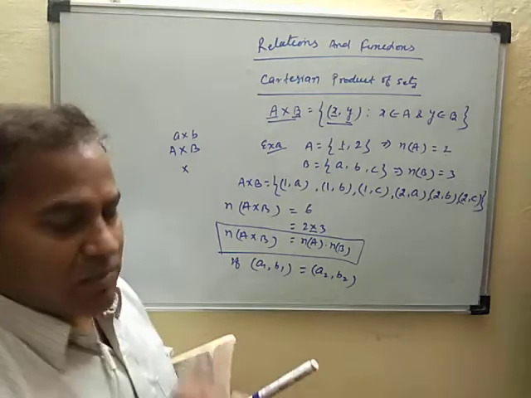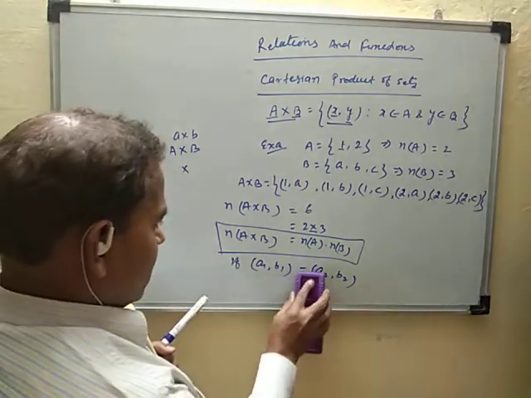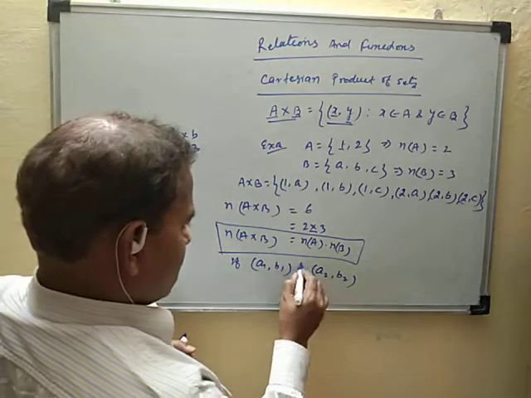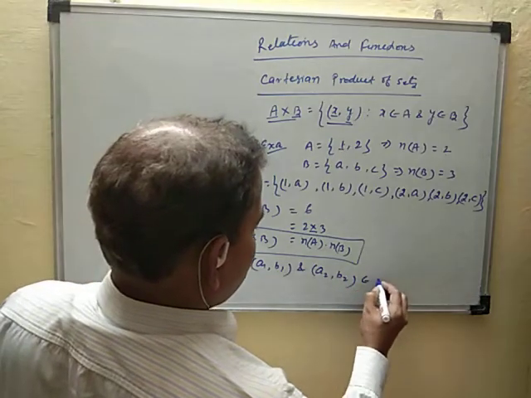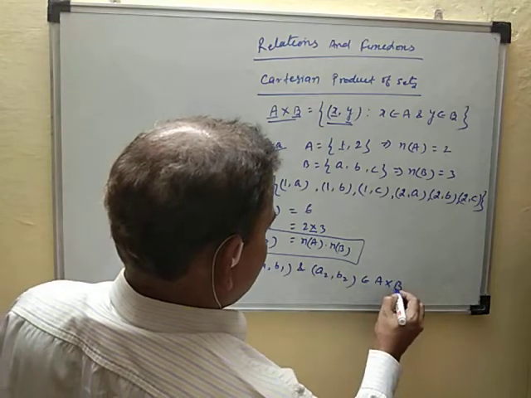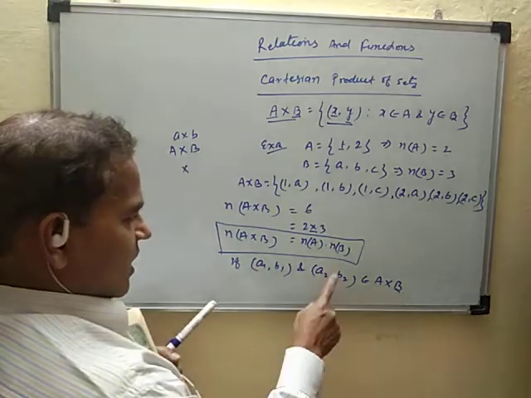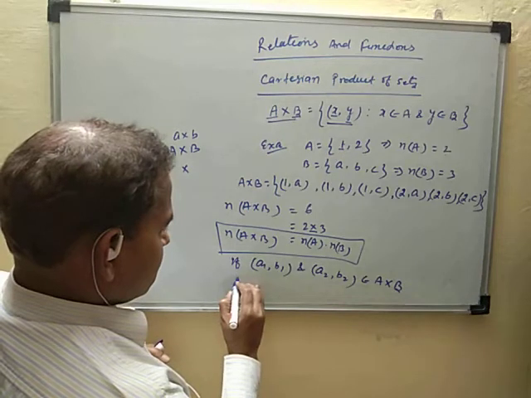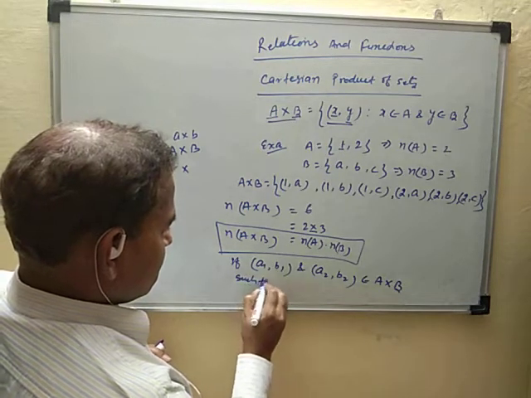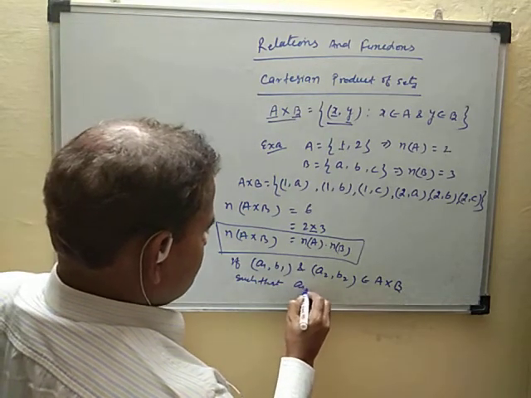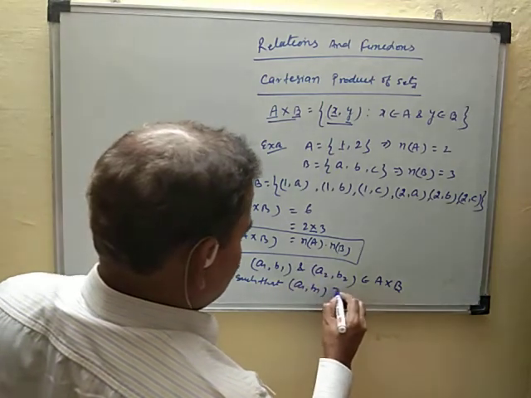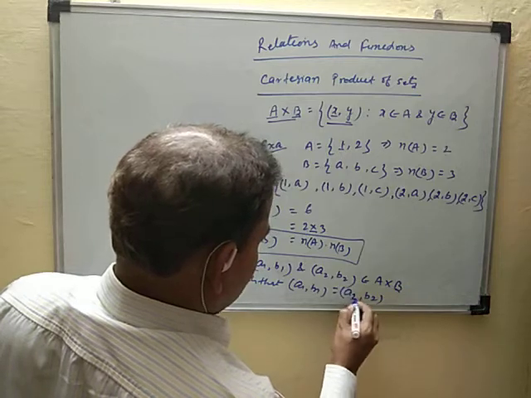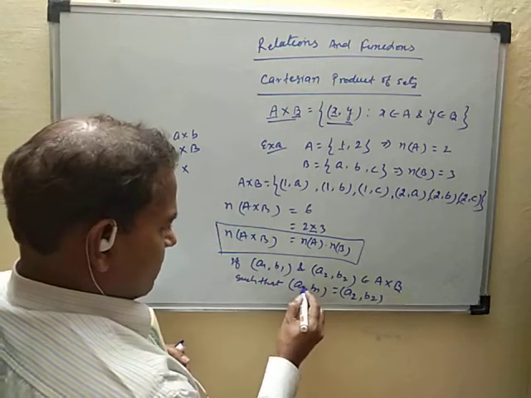Here if (a1, b1) and (a2, b2) belong to A cross B, that is, any two elements of A cross B, such that (a1, b1) is equal to (a2, b2), both are equal.